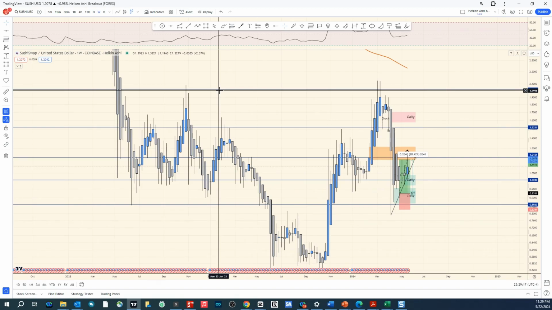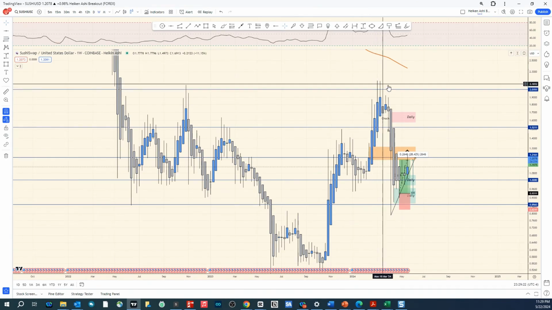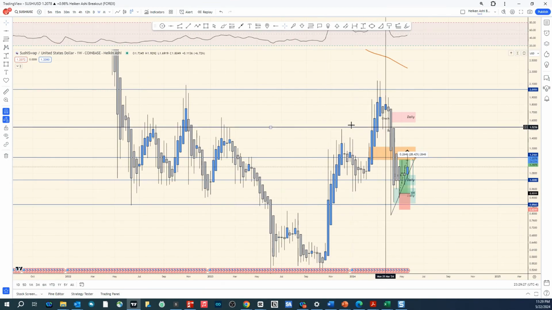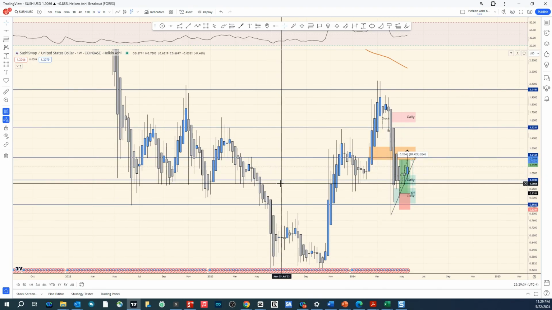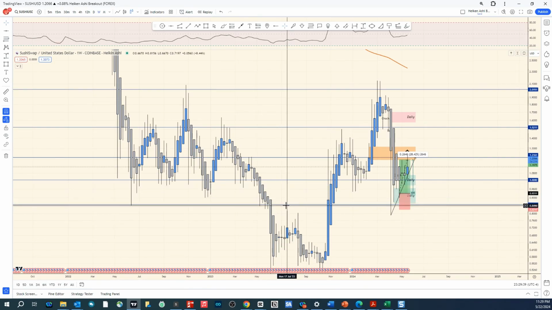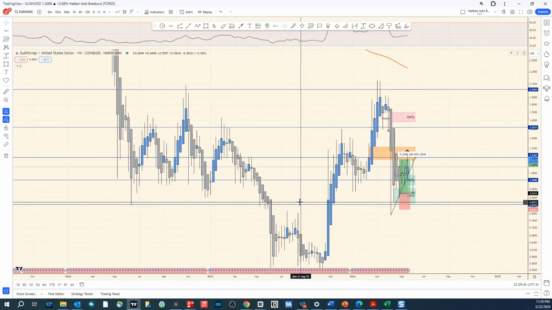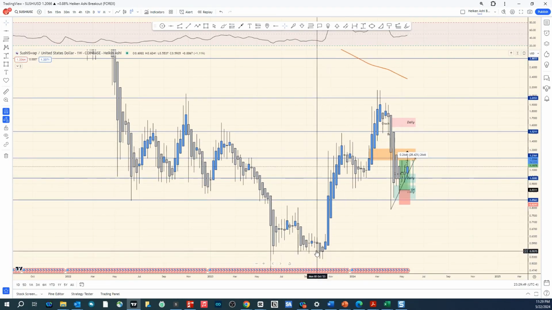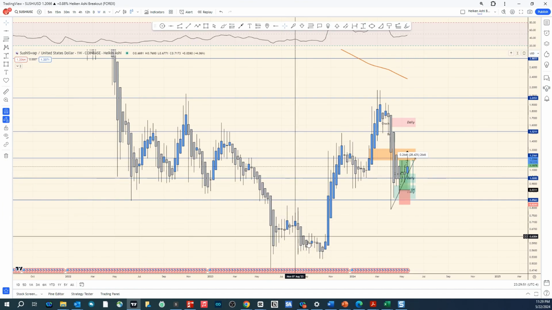If we look here, we have these wicks, which was a good area that has acted as support and resistance here as well, and just support here. I would say about here this also acted as support. If I was going to do a little more charting, I would chart this, and this is a good one. That was support and resistance.